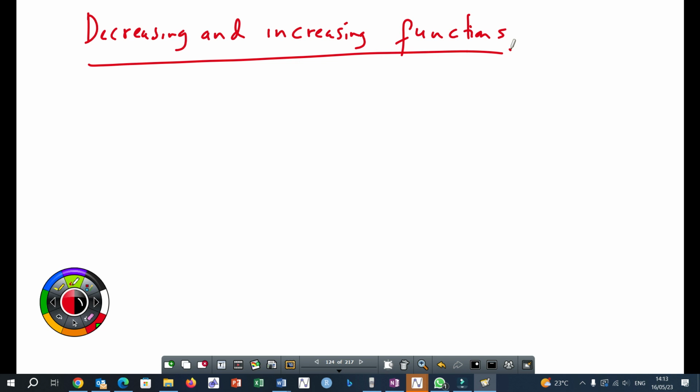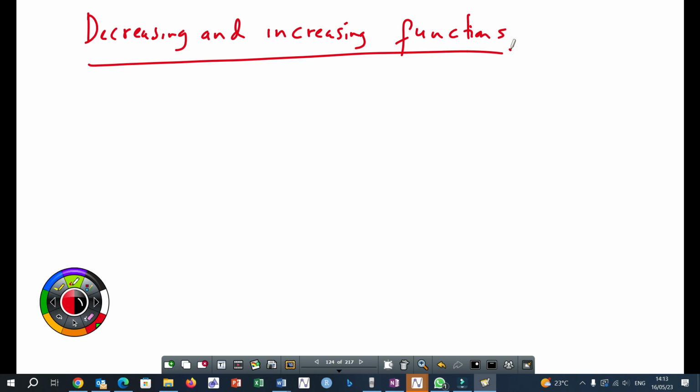All right. So far, in grade 10 and grade 11, you were taught that if a function is decreasing, it means the y values are decreasing. Right? If the function is increasing, the y values are increasing. Remember, to determine whether the function is increasing or decreasing, it depends on the y values.